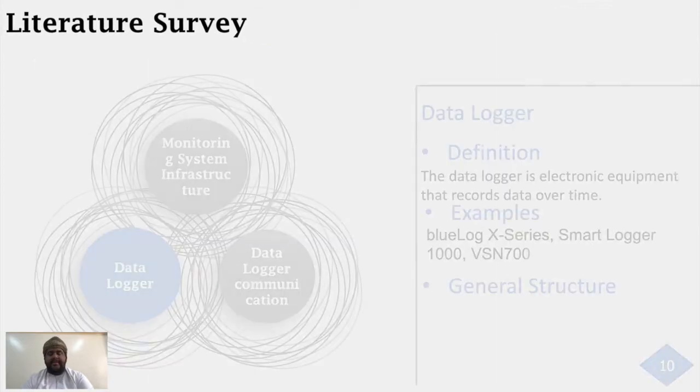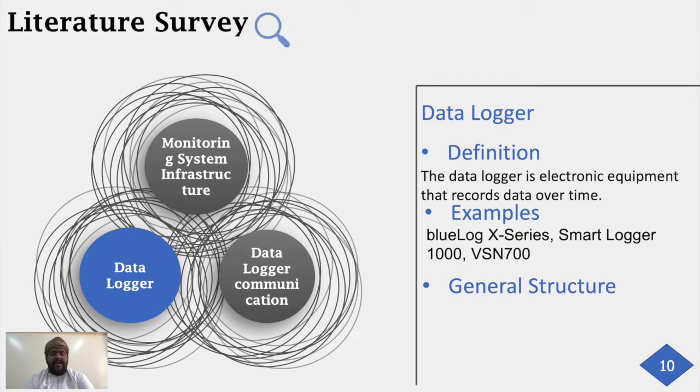A data logger is an electronic device or equipment that records data over time. In the field, we found many companies developing these kinds of data loggers, for example, Blue Log X Series data logger, Smart Logger 1000 logger, and VSN 700 from ABB company.